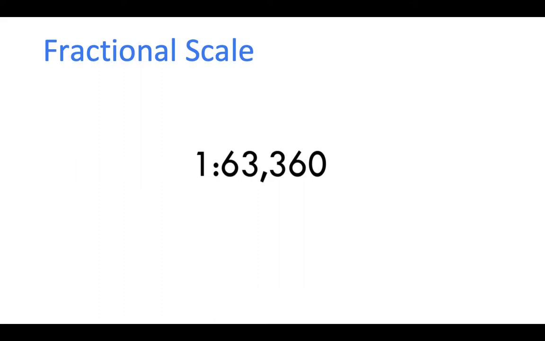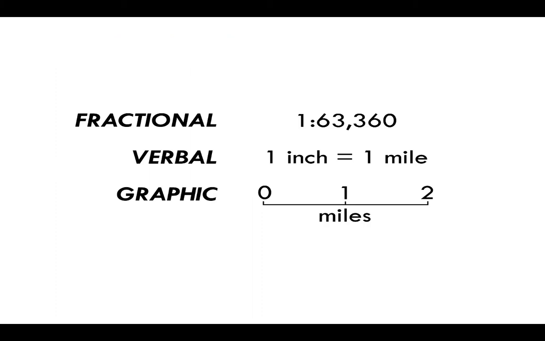Whereas if I say 63,360 inches, we got no reference. We don't, unless you absolutely know, oh, that equals a mile. You don't necessarily know what I'm talking about. So that's why we use all of these together. And it's good to be able to convert back and forth. Okay, so here they are together again.